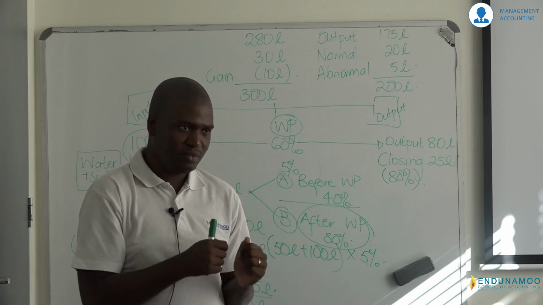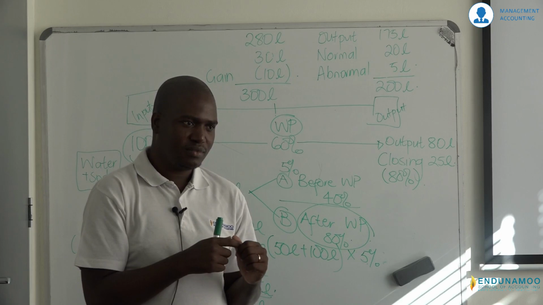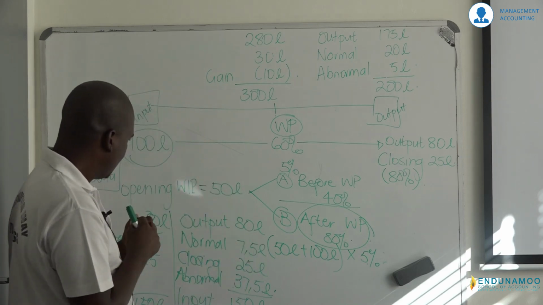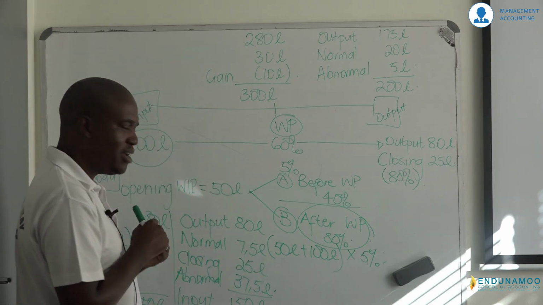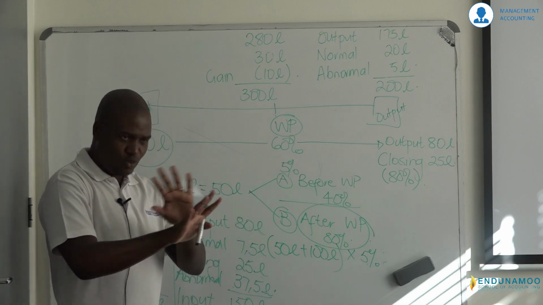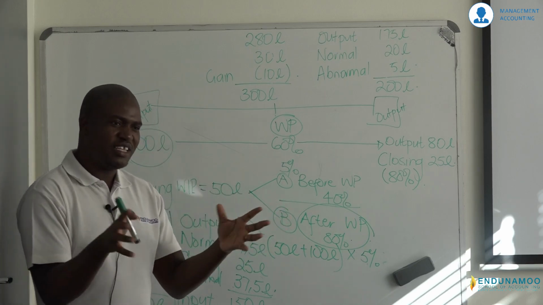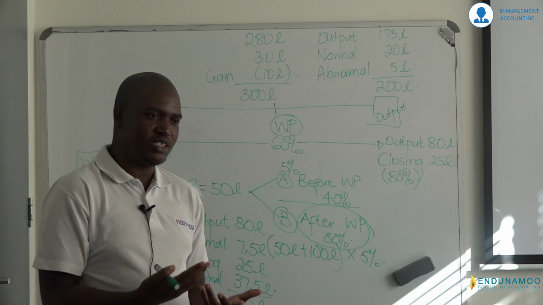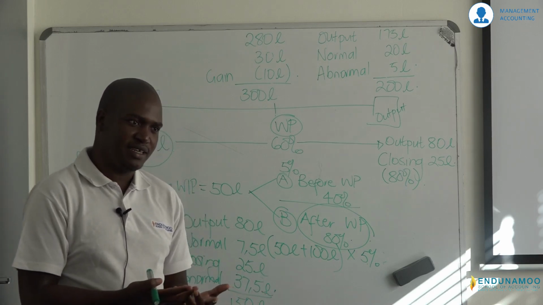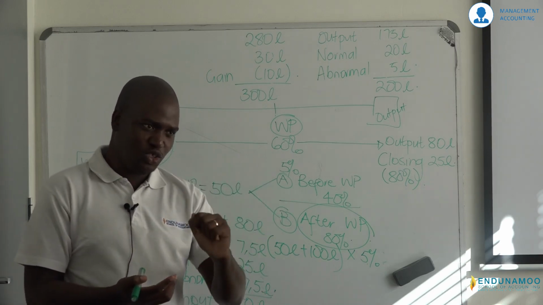But we only take that 100 liters and not, I don't get it. Which part are you not getting? Don't confuse the issue. Start with the units, because once you get the units right, the cost is not the complex part. Which part of the units don't you get?